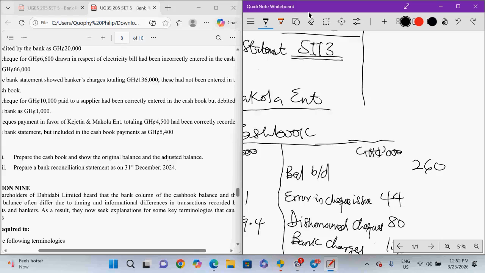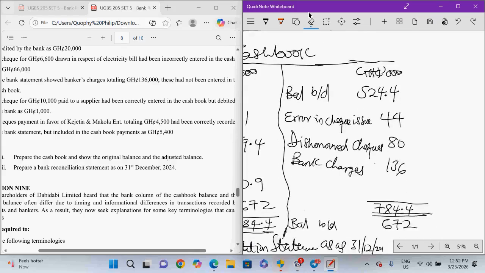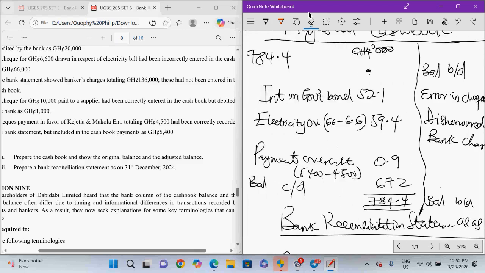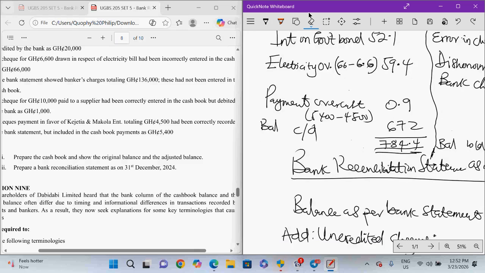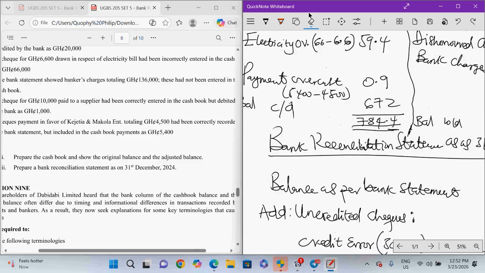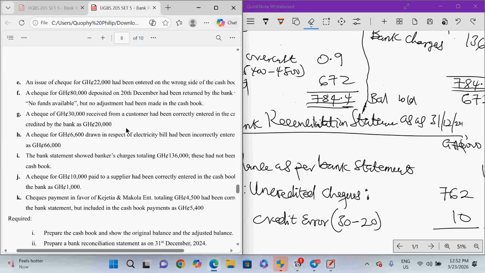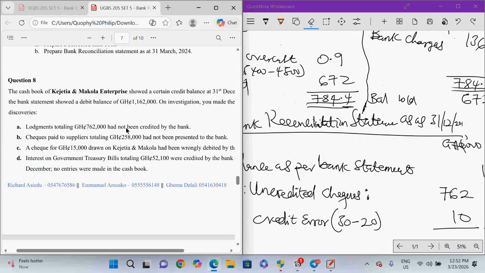Balance brought down. So you mean that the balance brought down is 524.4. So that is our cash book balance, right? They didn't even show us.